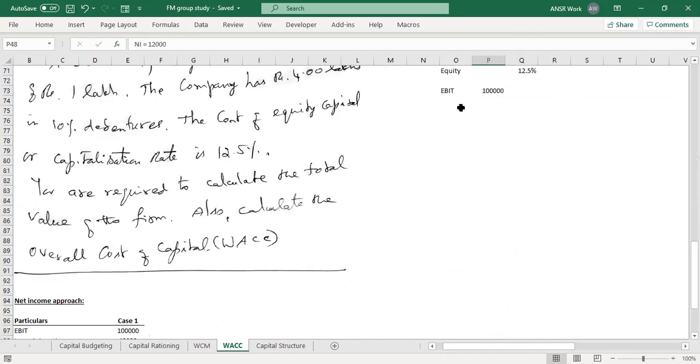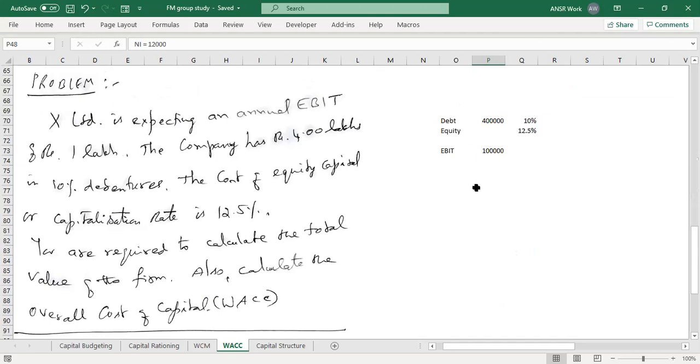Here it says EBIT. EBIT is earnings before interest and tax. So you have to deduct interest first. Okay, interest is how much? You have all the information here, no?